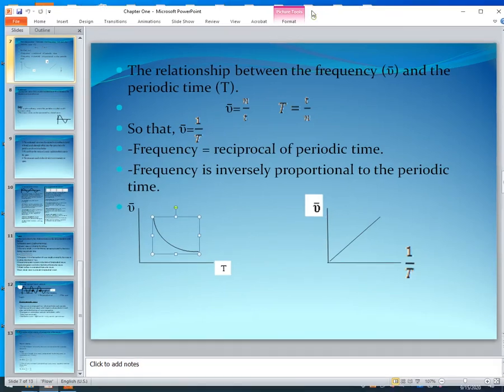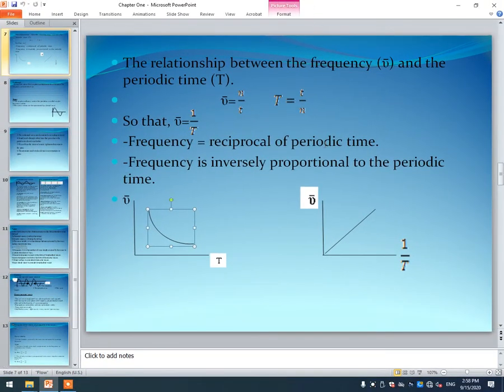I think you know the difference between both. This is a straight line, so it's inversely proportional due to the relation between nu and 1 over T. Here, this is a curve between nu and T, so it's inversely proportional too, but by a non-uniform way. But here this is a uniform way.